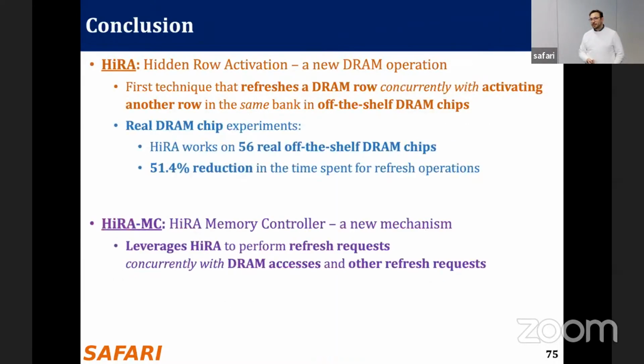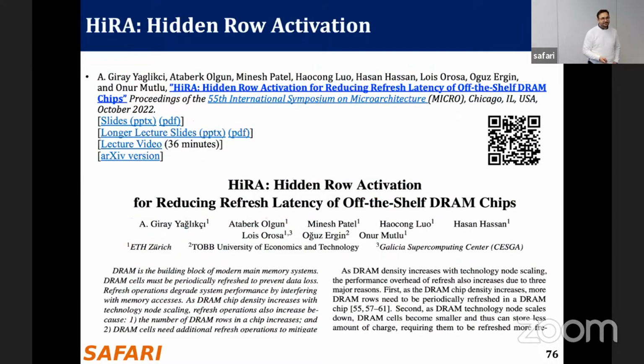You keep mentioning that it was tested on 56 chips, meaning that it worked only on those, or other chips were not tested? Yes, we tested other chips. We tested chips from all three major manufacturers, like Samsung and Micron as well. We did not observe this operation reliably working on those.